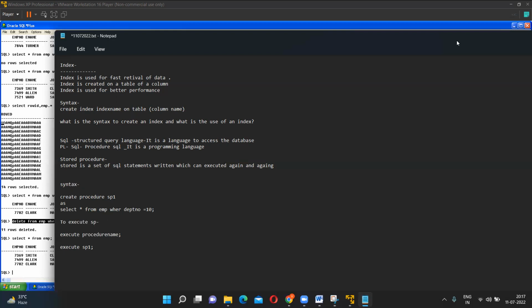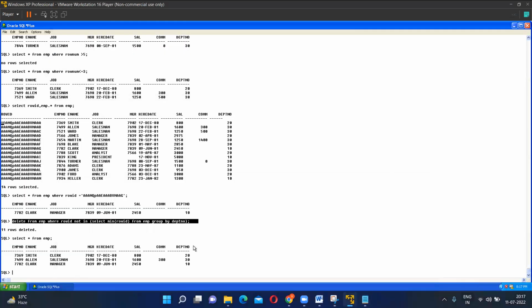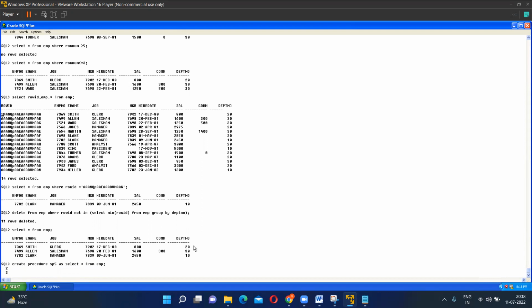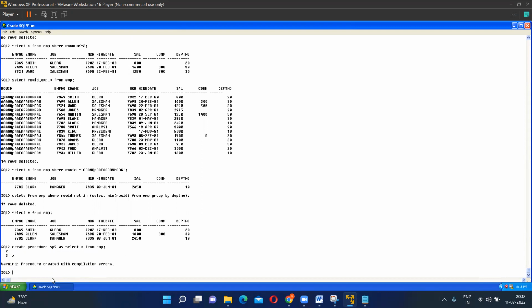Now, if I want to create a procedure, what is the syntax? Create procedure name, then as select star from EMP. See, the procedure is created, though with a compilation error.